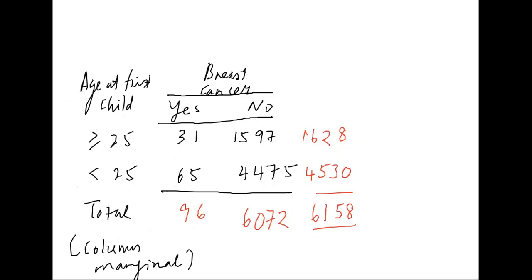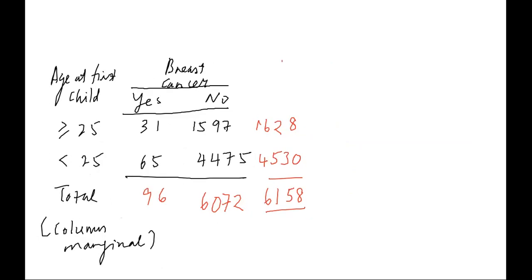Actually, there's a typo in the question paper. The question paper says 6188, right? It should be 6168, yeah? So please correct that. Okay? Right, that's your column marginal.